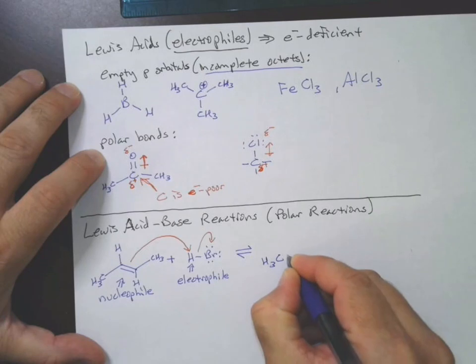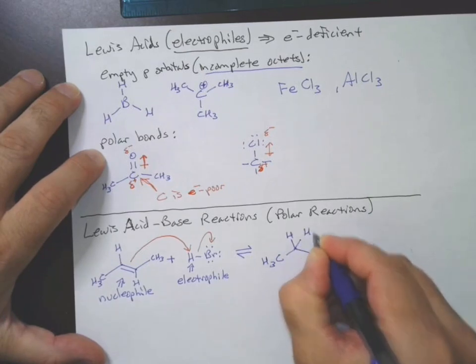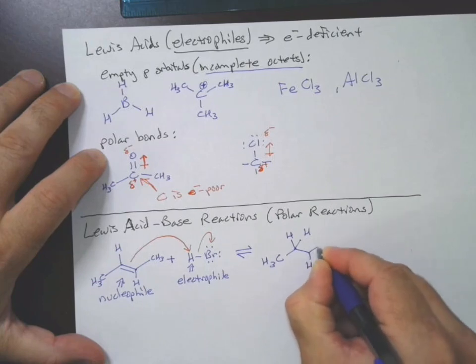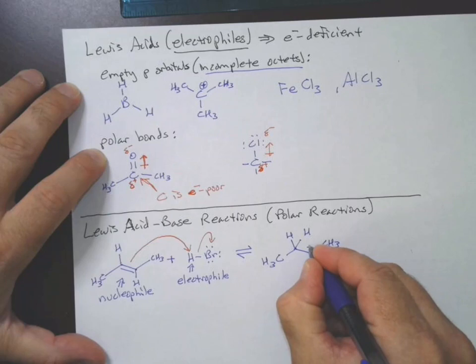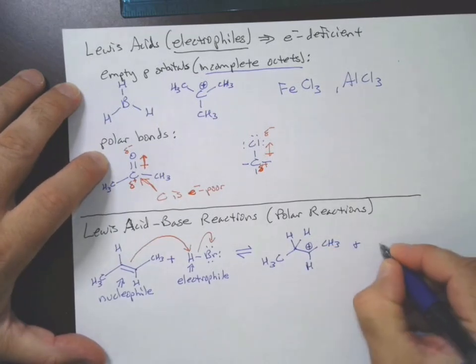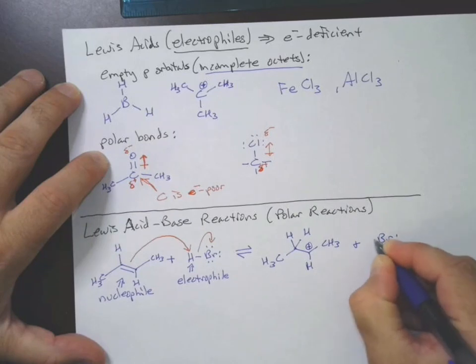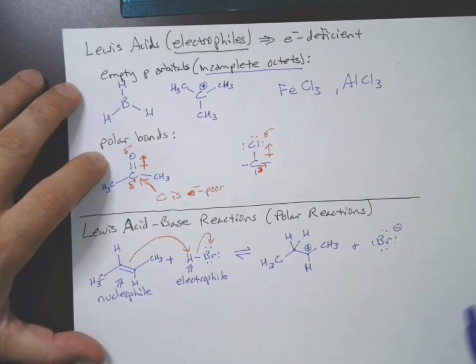And in my product here, I'm going to end up with a positive charge, and then my Br minus has a negative charge.